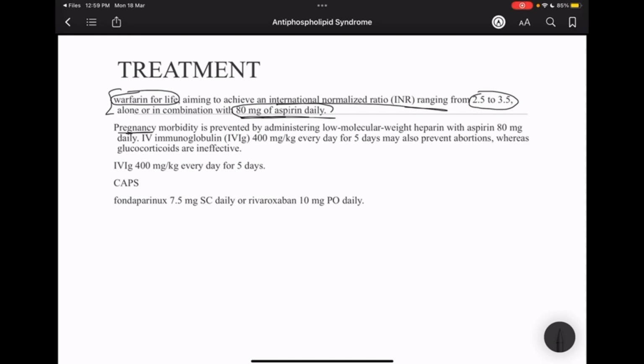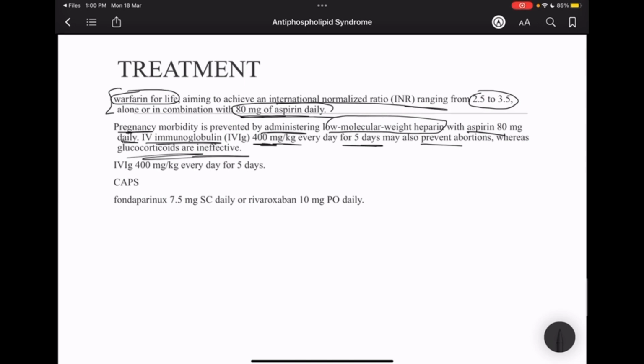For pregnancy, it can be prevented by low molecular weight heparin, as you know that warfarin is teratogenic and can't be given to a pregnant woman, with aspirin, again 80 milligrams daily. We can also give IV immunoglobulins, 400 milligrams per kilogram every day for 5 days. It can also prevent abortion. But glucocorticoids are not effective.